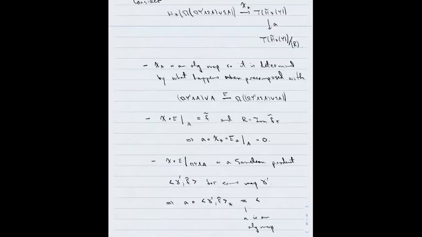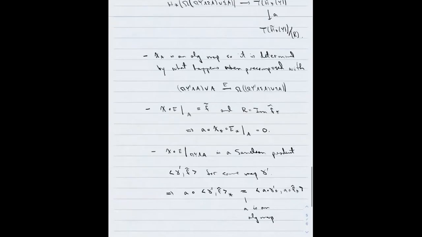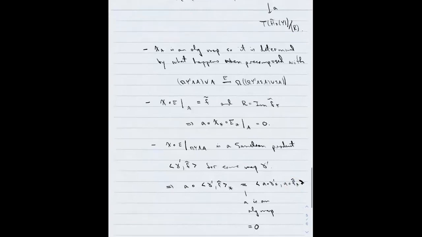So that would go to A composed with gamma prime star, A composed with F tilde star, and Samuelson product now is commutator in homology. But we've already seen that this is zero. So we take a commutator with something that's zero, and that will also be zero.